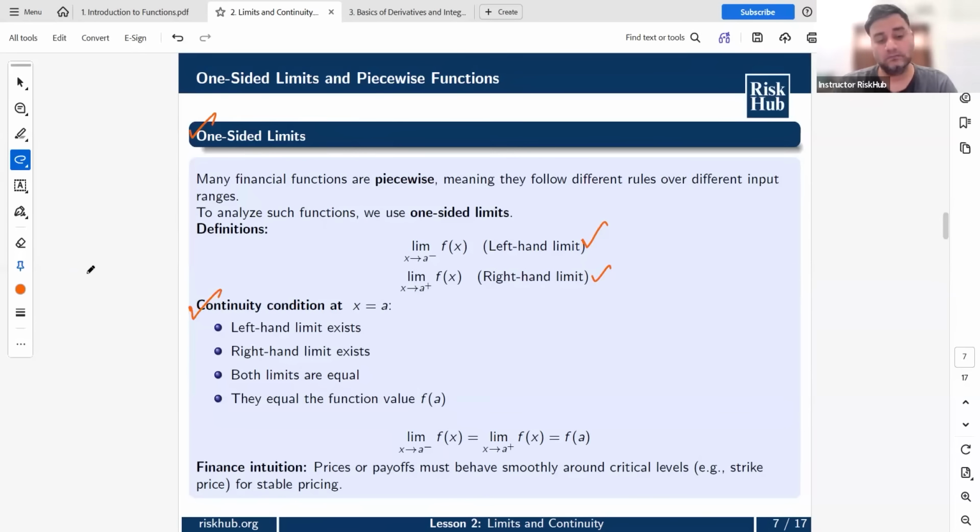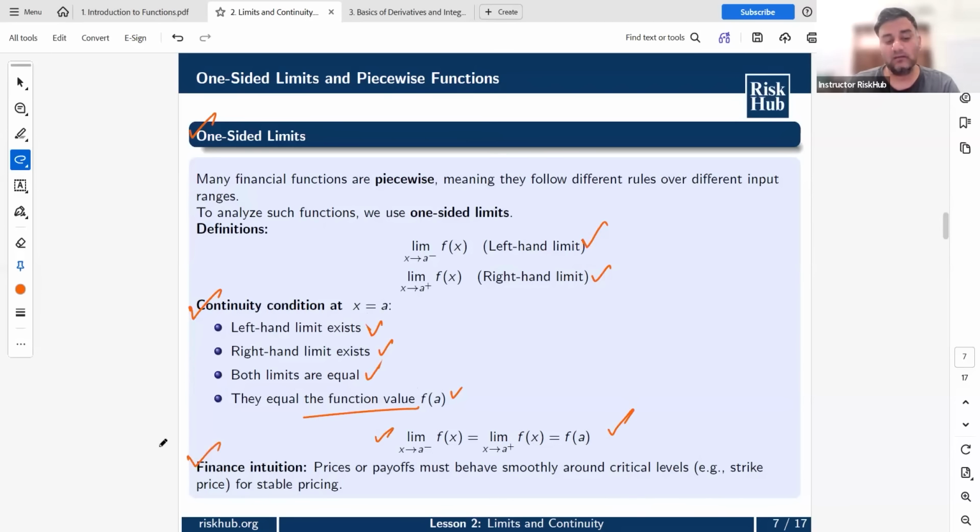A function is continuous at x equal to a if the left limit exists, the right limit exists, and both limits are equal to the functional value f(a). So limit x tends to a minus f(x) is equal to limit x tends to a plus f(x) is equal to f(a). That is your continuity condition.